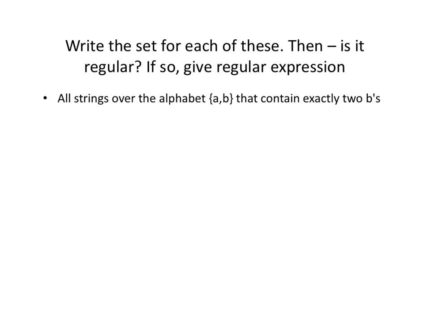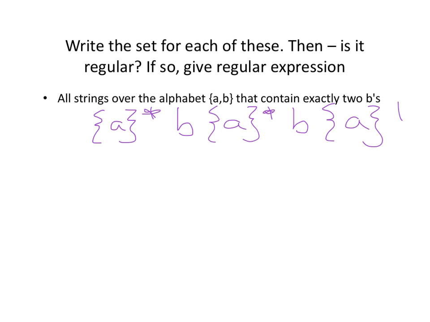So really, in terms of sets, what we want is as many A's as you want, 0 or more A's, followed by a B. And then squish in as many more A's as you want. You could have 0 A's, you could have a bunch of A's, followed by a B. And then end again with as many A's as you want.